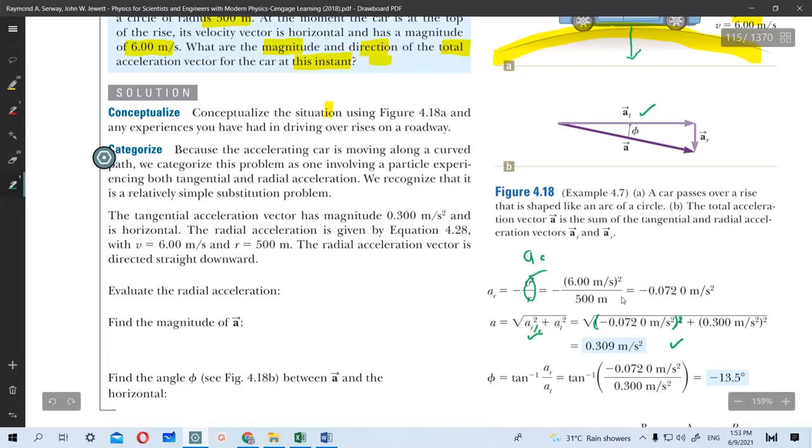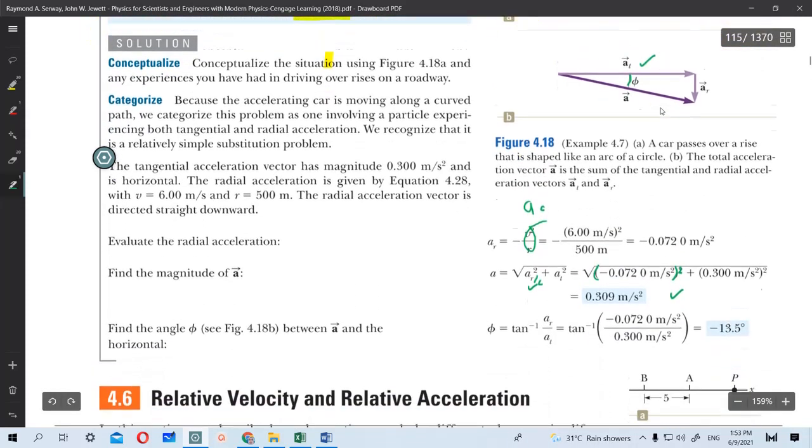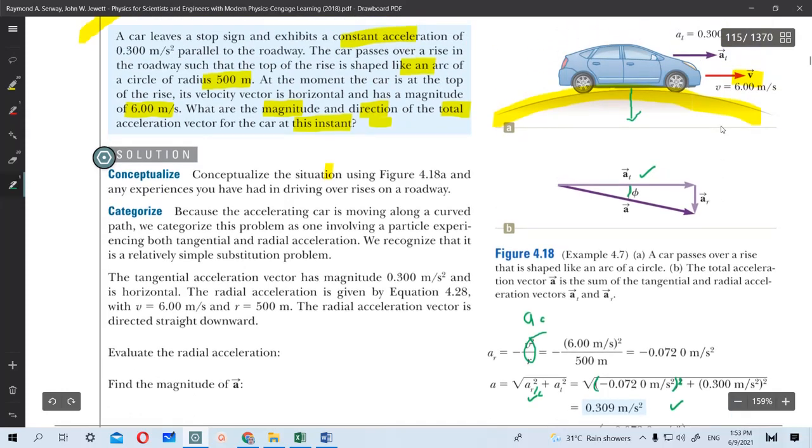Now, how about the direction? Go back to the picture. Here you will find AR over AT, giving you an answer of negative 13.5. The answer is negative because according to our figure, if you sketch it, the reading is below the negative axis.